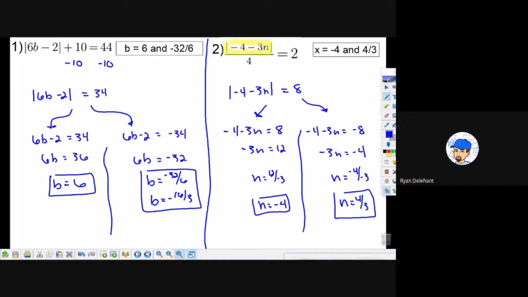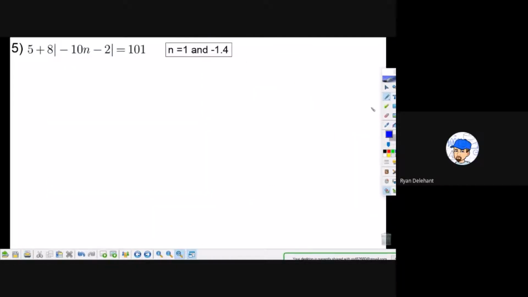So let's look at the last one, because the last one's, I don't know if it's necessarily tougher. It's just the way it's written. Now, I did a couple of these in the class stuff that I sent out on Tuesday when we reviewed this. But a lot of times, this number right here gets stuck up in the front. And it's actually adding to everything because that 5 is positive. How do we get rid of that positive 5?